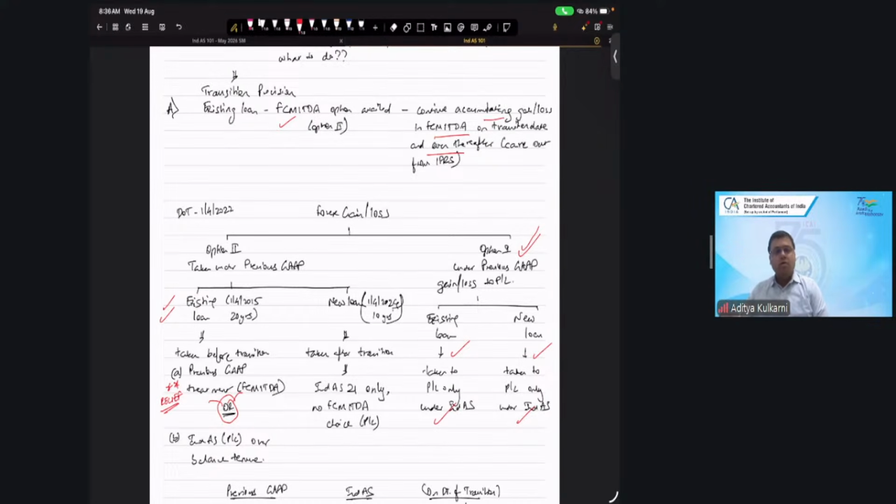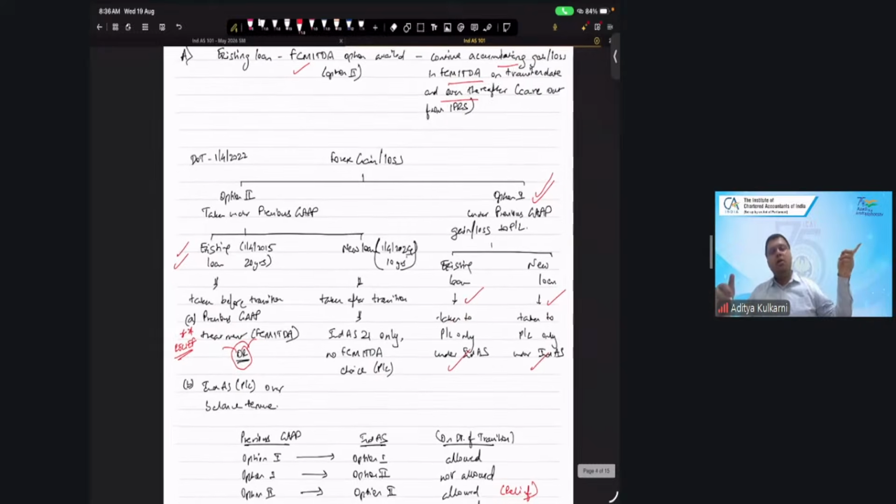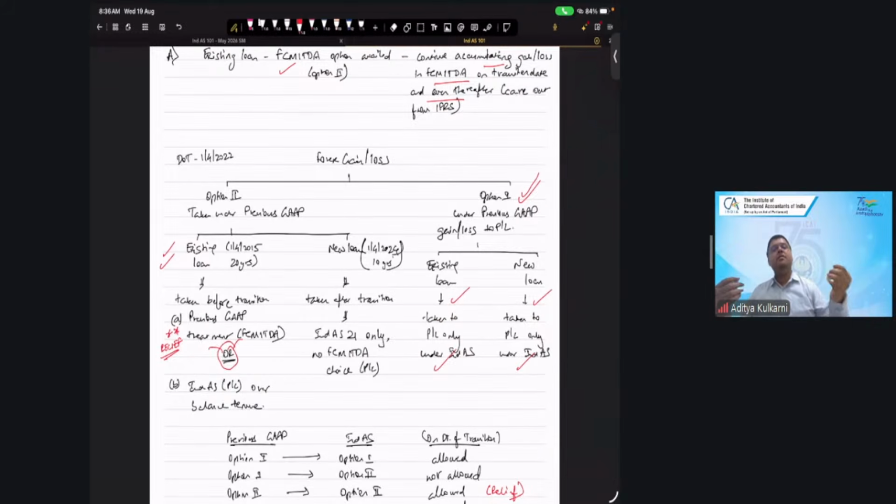So now, I was following the option of FCMITDA, but Ind AS tells you that you can always come back and take it to the P&L. For the balance tenure, whatever is the exchange gain or loss, you will take it to the P&L. So in option 2, I can continue option 2 or I can move to option 1.